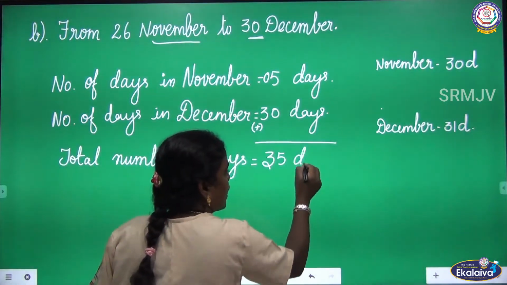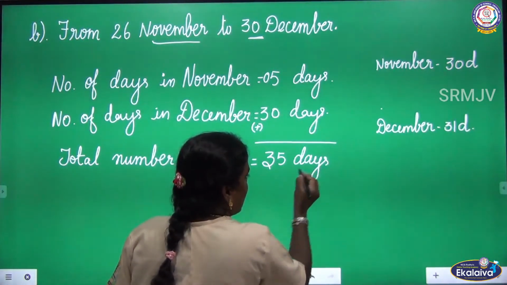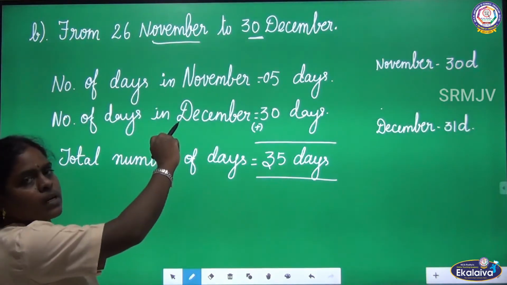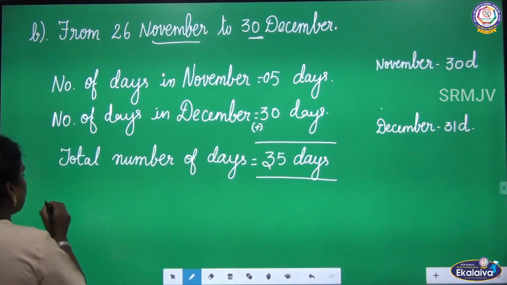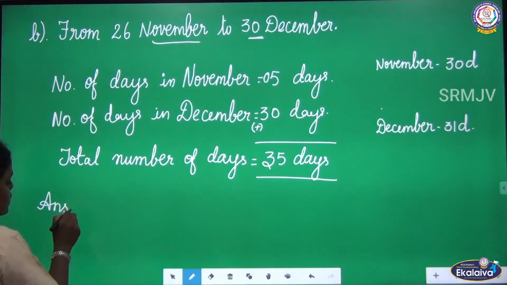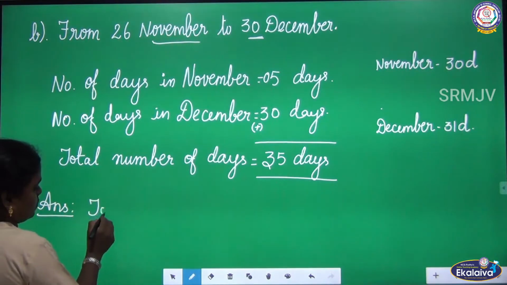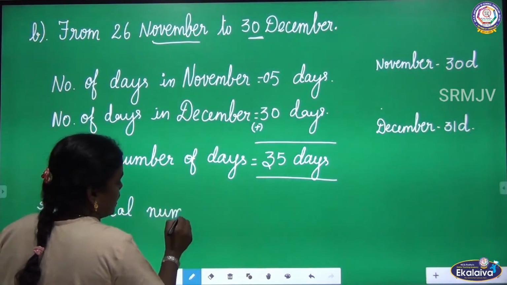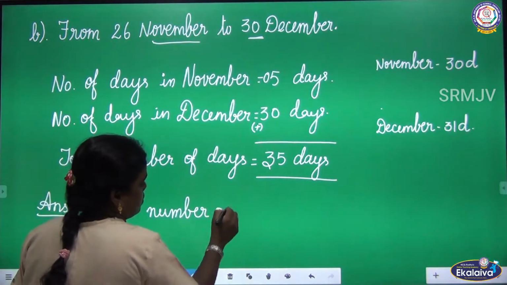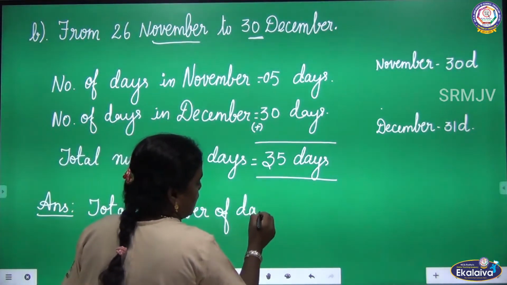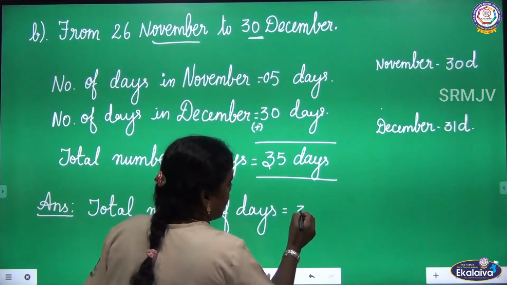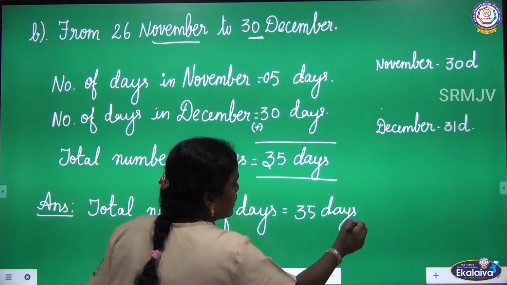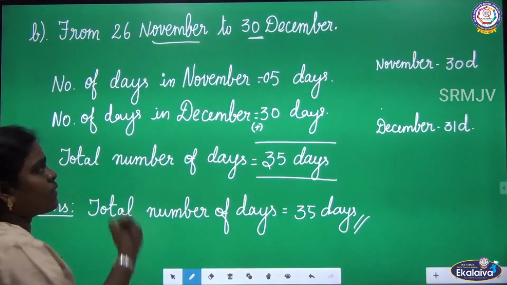So 35 days are there in between from 26th November to 30th December. Let us write the answer. Total number of days equals 35 days. So 35 days are there between the given dates.